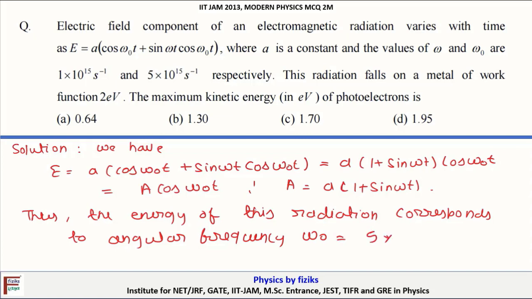Omega naught equals 5 into 10 to the power 15 per second, or second inverse.